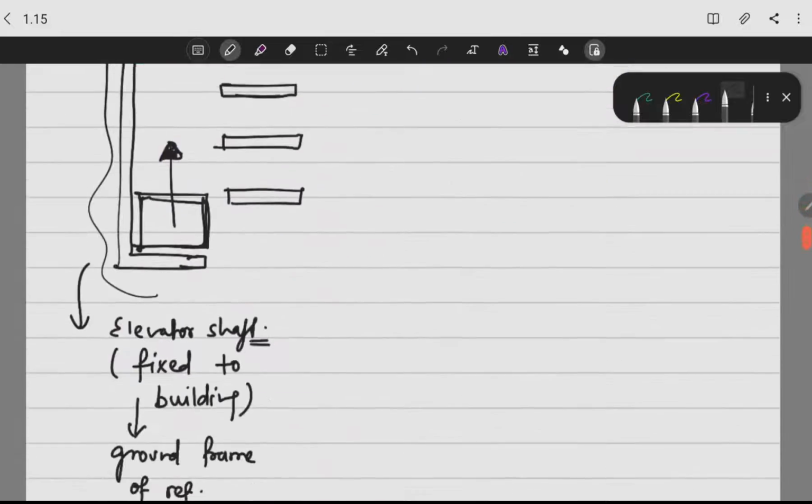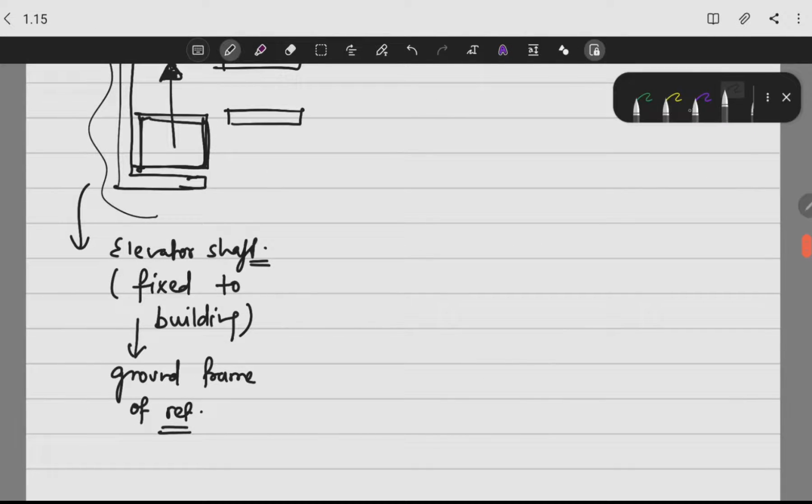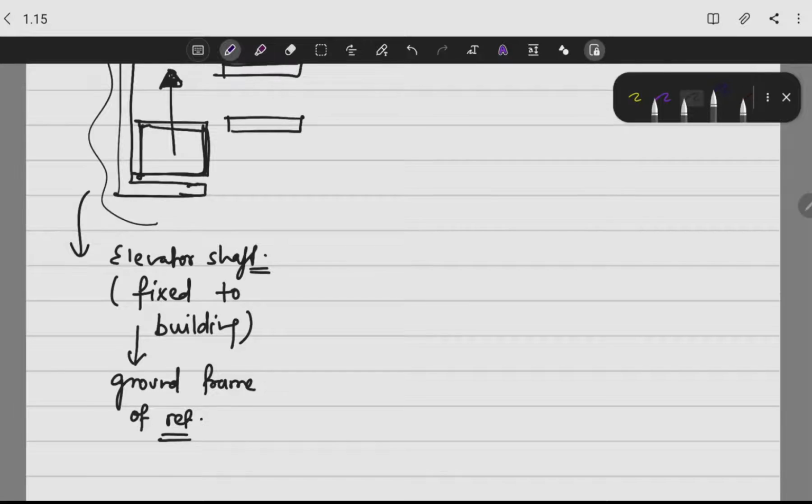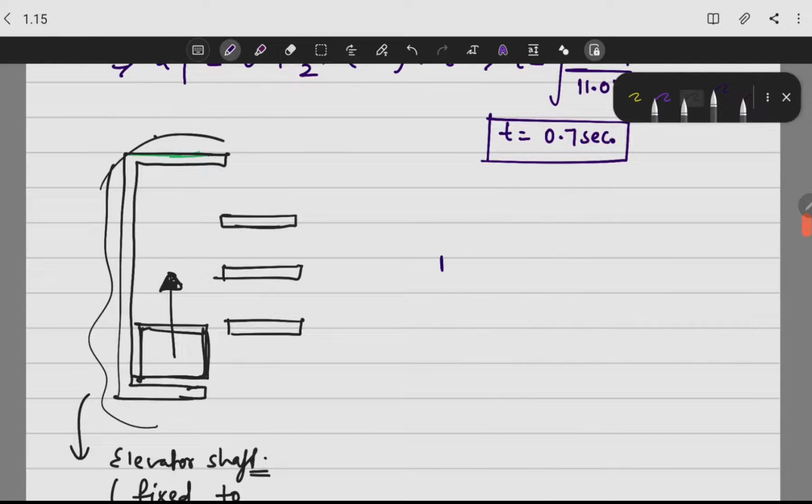Okay, we know the velocity and the acceleration with respect to the ground frame of reference for the bolt. So let us say that this is the bolt, and at t is equal to 2 seconds it had a velocity of 2.4 meter per second in the upward direction, and an acceleration of 9.81 meter per second square in the downward direction.